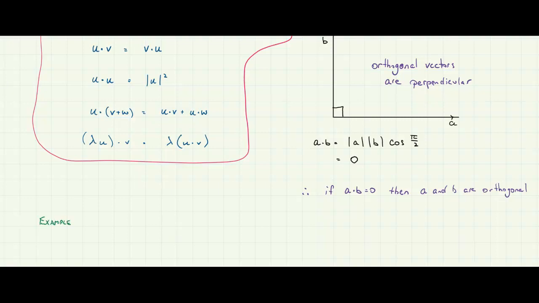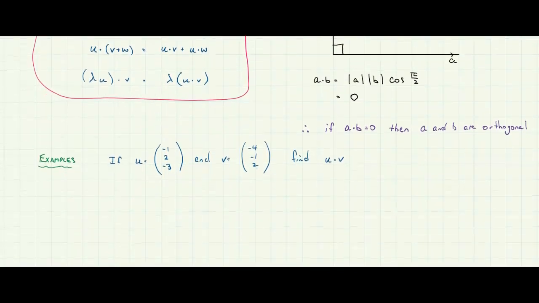So let's find a dot product for a 3D vector. Let's say u equals (-1, 2, -3) and v is equal to (-4, -1, 2). Let's find u dot v. In this case, good idea to pause, do it, and then come back.